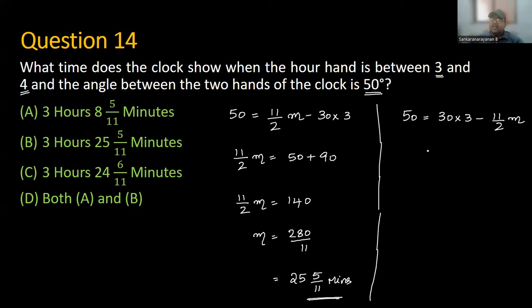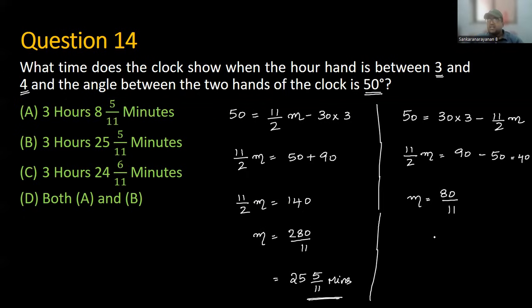Okay. Now I can consider 11 by 2 m as coming to 30 into 3, that is 90, minus 50, that is equal to 40. So from this I can see that m will be coming as 40 into 2, 80, 80 by 11 it will come. That is another possibility.